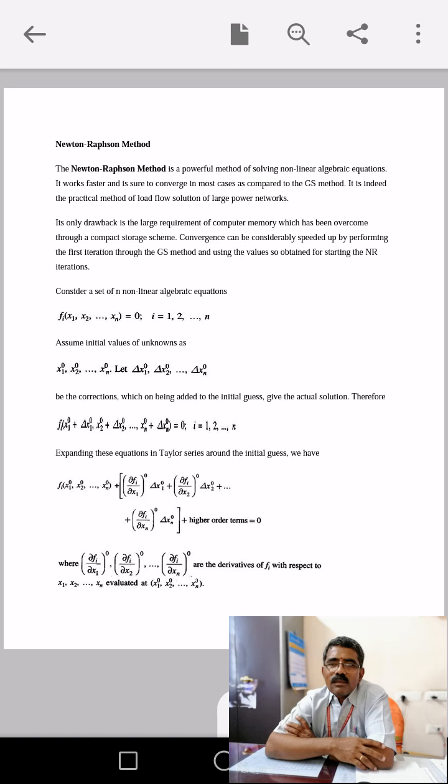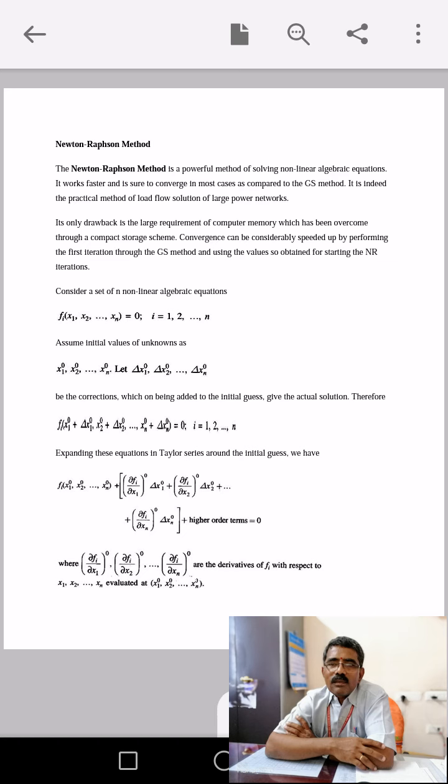Assume initial values of unknowns, like the variables x1, x2, x3, etc., xn. So let x1(0), x2(0), xn(0) be the initial values, and let the corrections, that means delta x1(0), delta x2(0), etc., delta xn(0), be the corrections. And upon adding these corrections to the initial guess value, you get the solution.